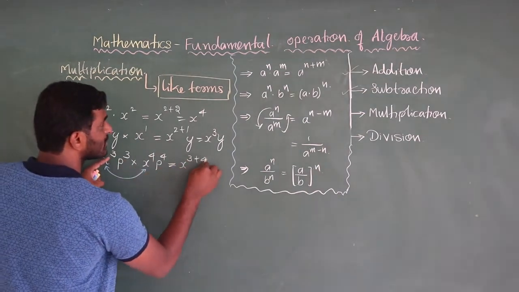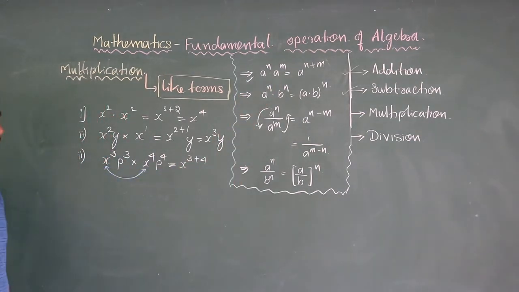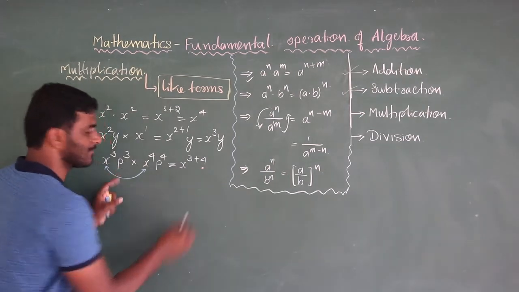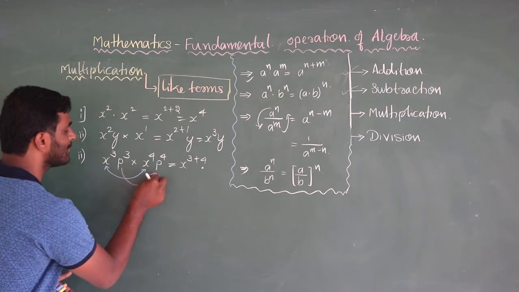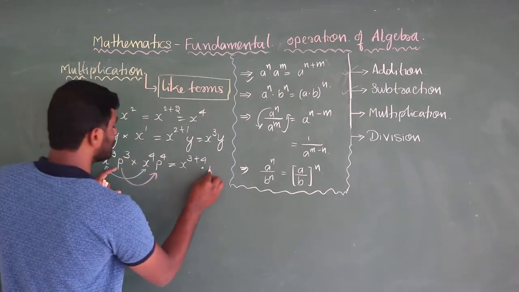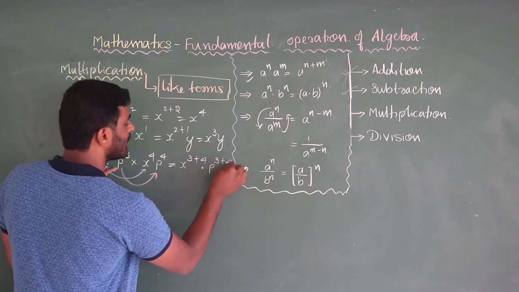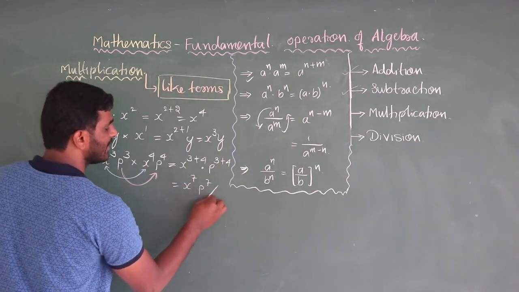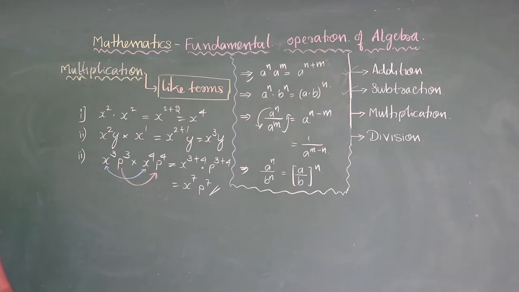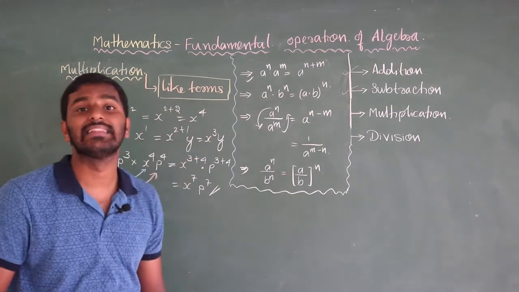We are using the law of indices formula here. And then p and p, so p to the power of 3 plus 4. Hence the answer is x to the power of 7 into p to the power of 7. Like that we have to do the like terms.